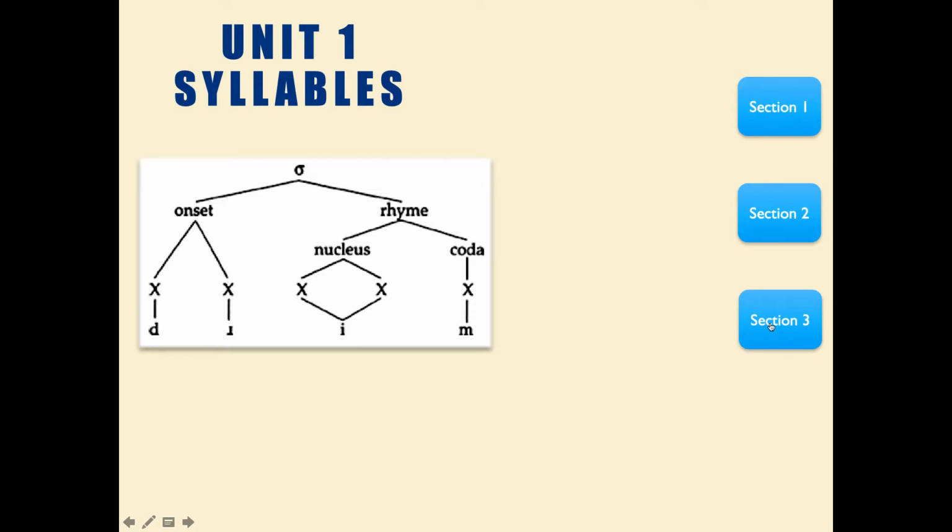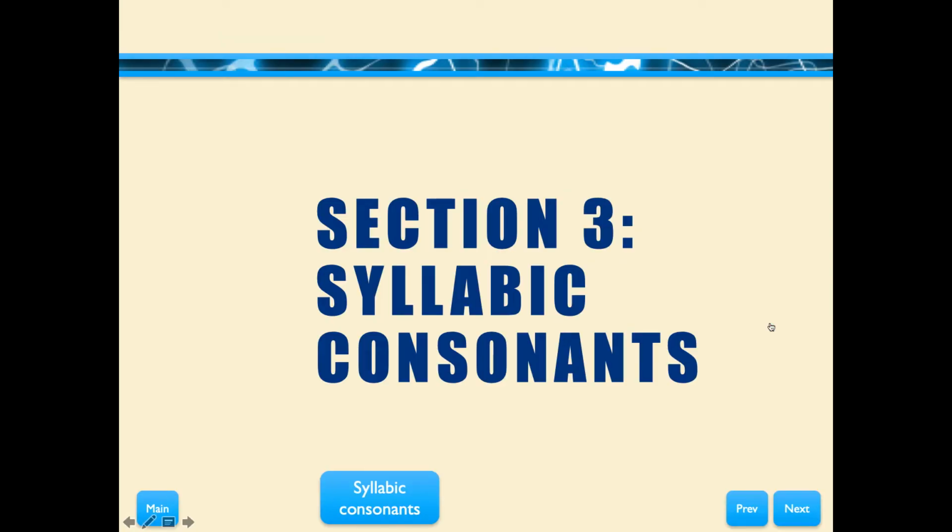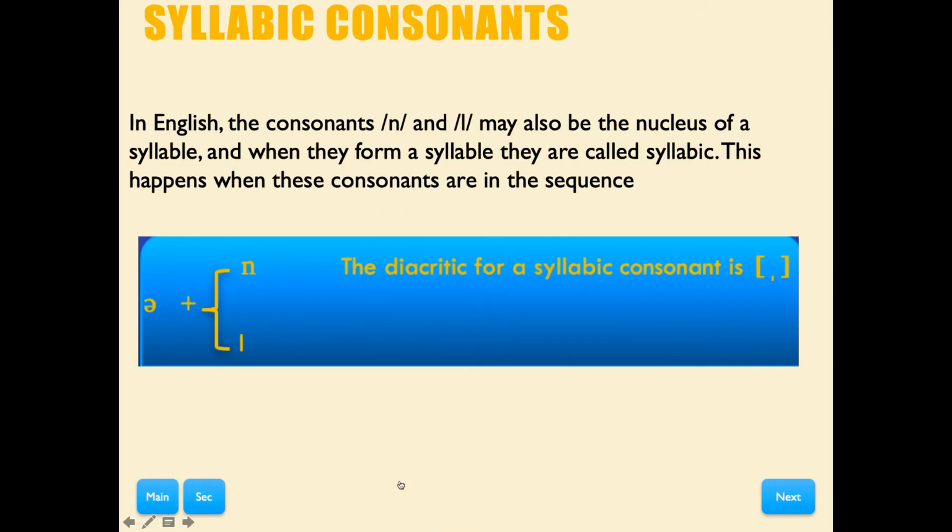Now we are ready to go to section 3, syllabic consonants. Now, you may already know, you may have already seen in your phonetics courses that the consonants na and la, the alveolar nasal and the alveolar lateral, may be syllabic.